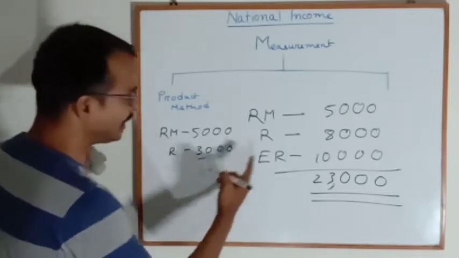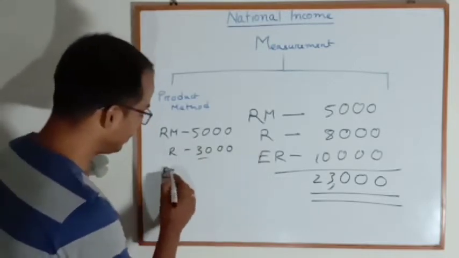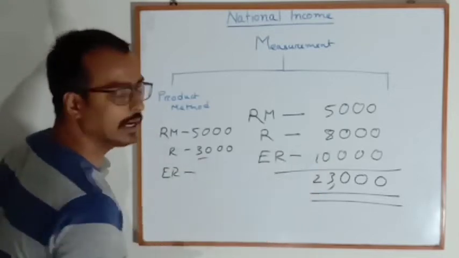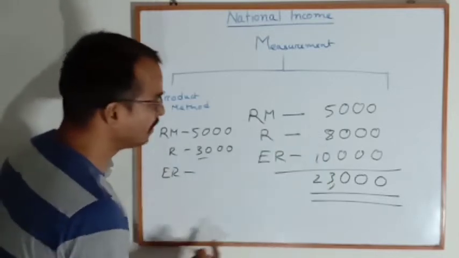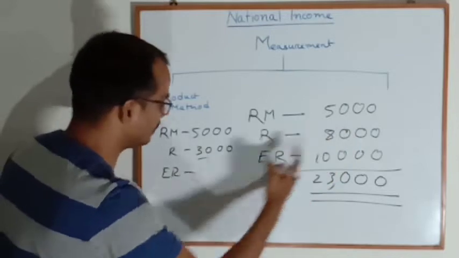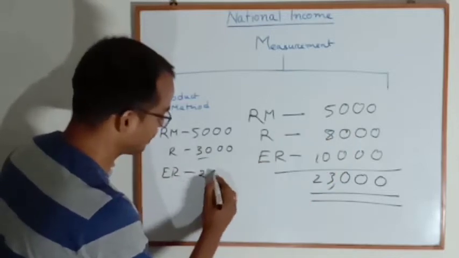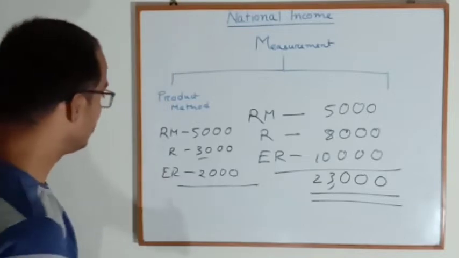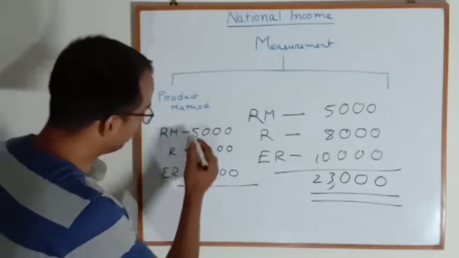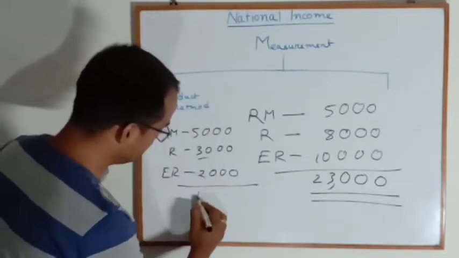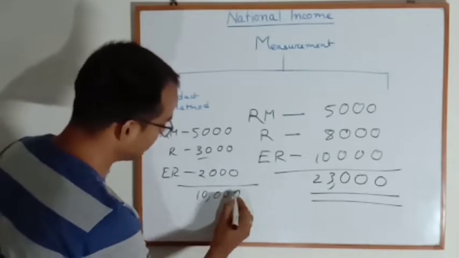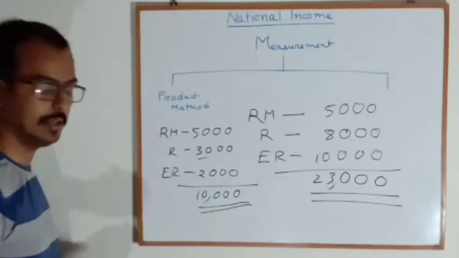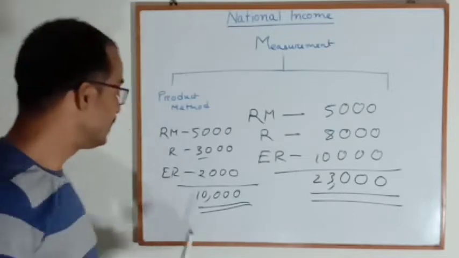And this person who is selling erasers, he is selling it at 10,000. So his addition, he purchases it, it will be just 2,000. So if you add them, 5, 10. So what we see, income is actually 10,000.